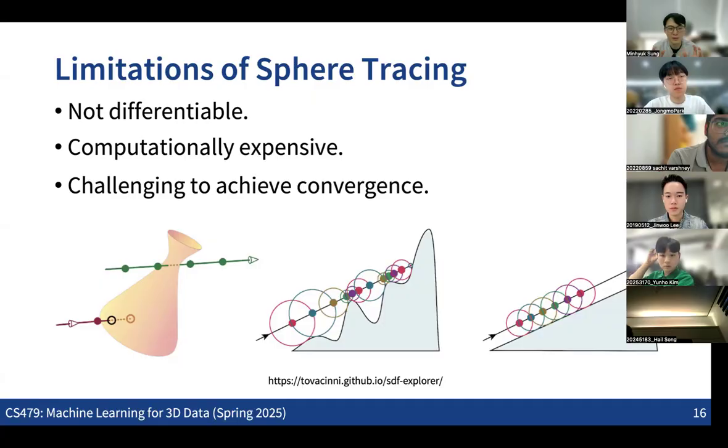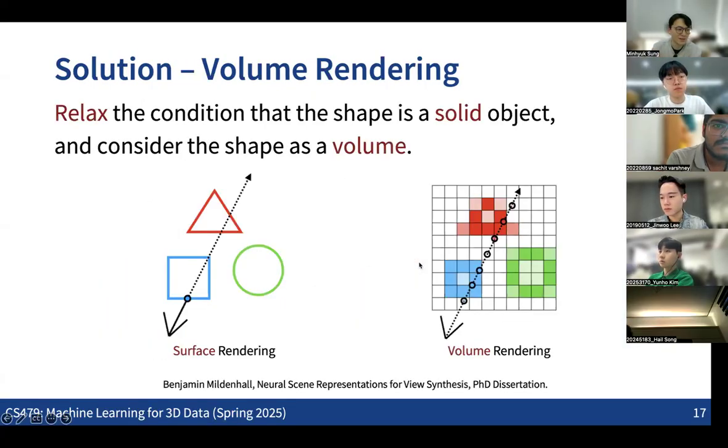The known solution for now, the conclusion for now, is that we still use the implicit representation. But what we are going to do is slightly break the physics rule.